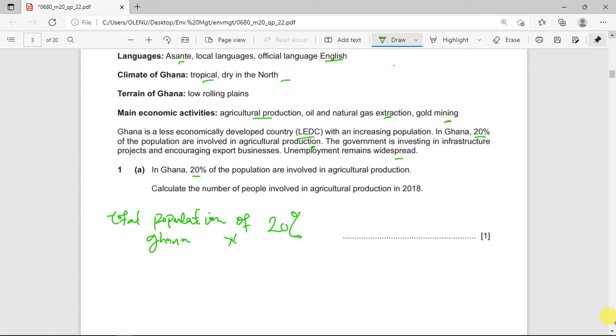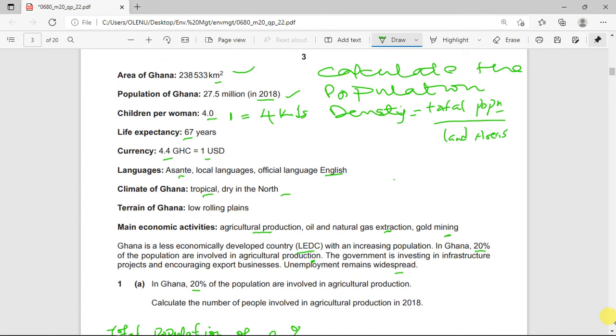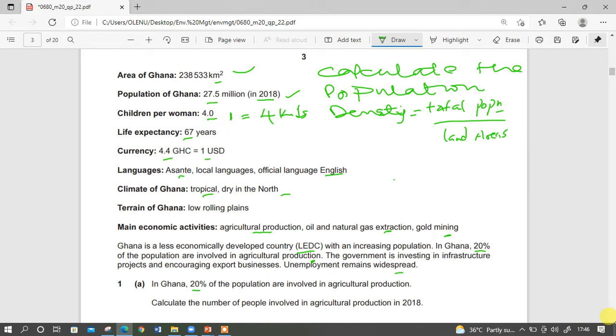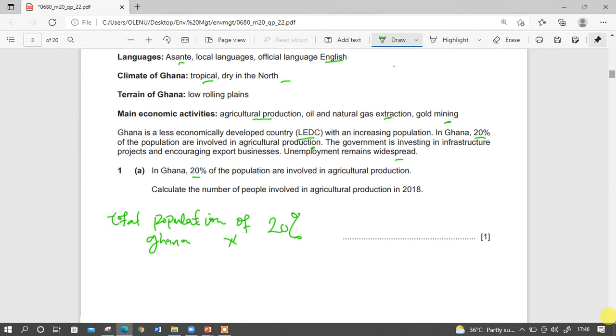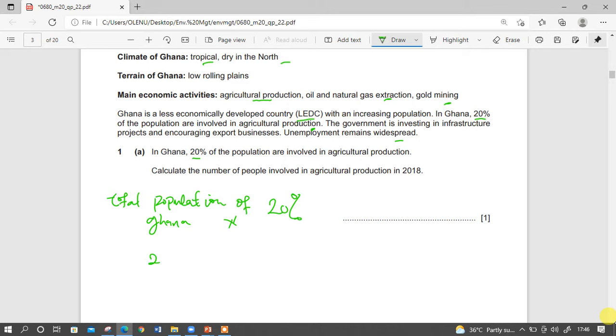The total population we're given in 2018 is 27.5 million. So we're looking at 20% of 27.5 million, which is 27.5 times 20 over 100. If you do that calculation, it will give you 5.5 million. So 5.5 million, that's the answer.